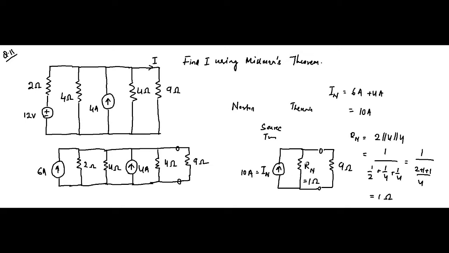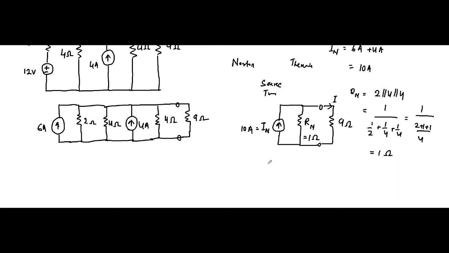So you've got both Rn and In. Now for this current I, we apply the current division rule. I is equal to 10 ampere into 1 divided by 1 plus 9, which is equal to 10 into 1 by 10, which is equal to 1 ampere.